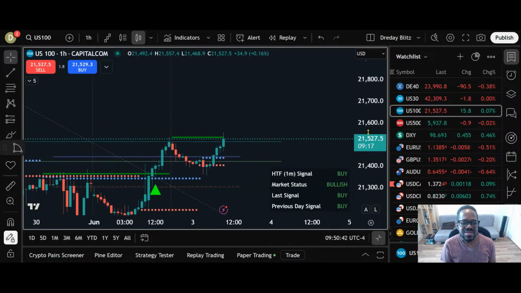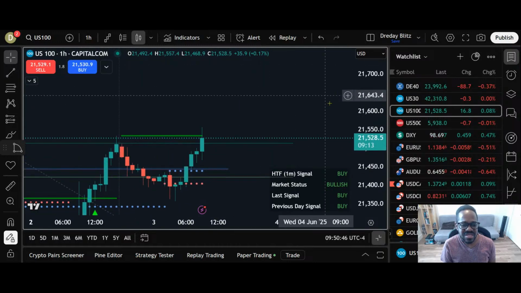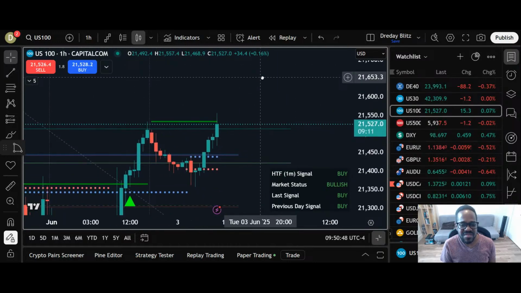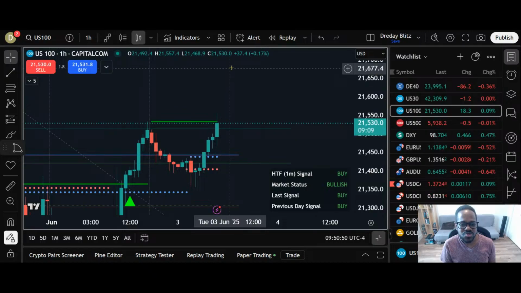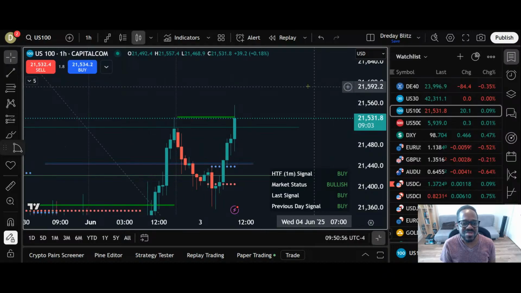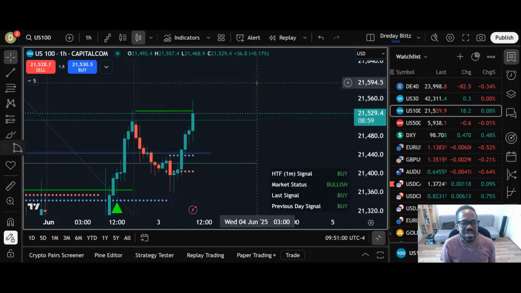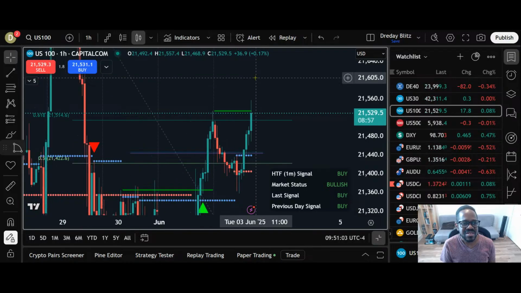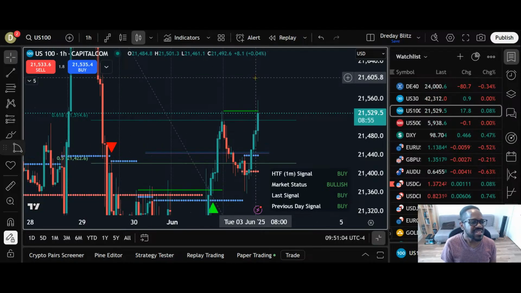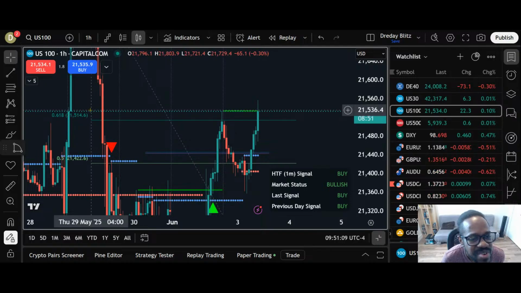Okay, so right now that 1 hour is rejecting off of that level here. So it's retracing on NASDAQ. So we'll see if it wants to continue in the upside. So this is 61.8 right here.